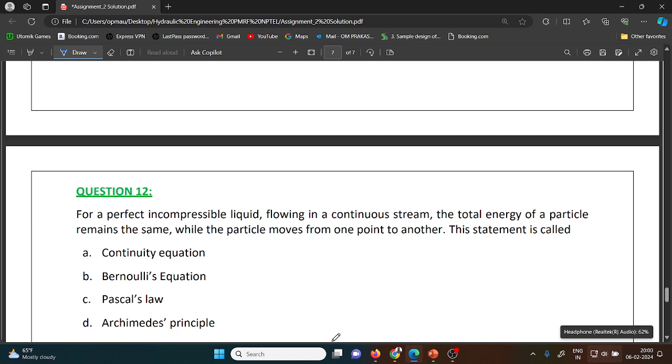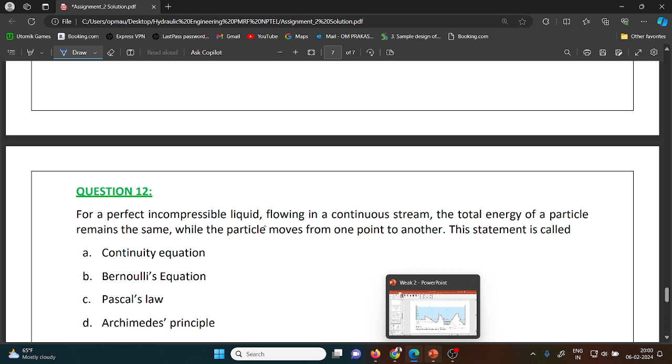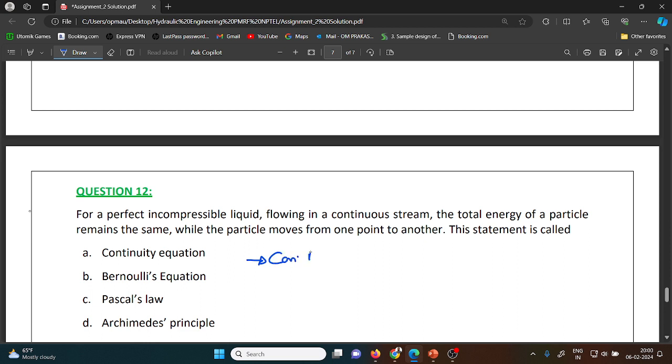Okay, conservation of energy. For your sake, let me give you another very important thing. In fluid mechanics, we have three laws: conservation of mass, conservation of momentum, and conservation of energy.